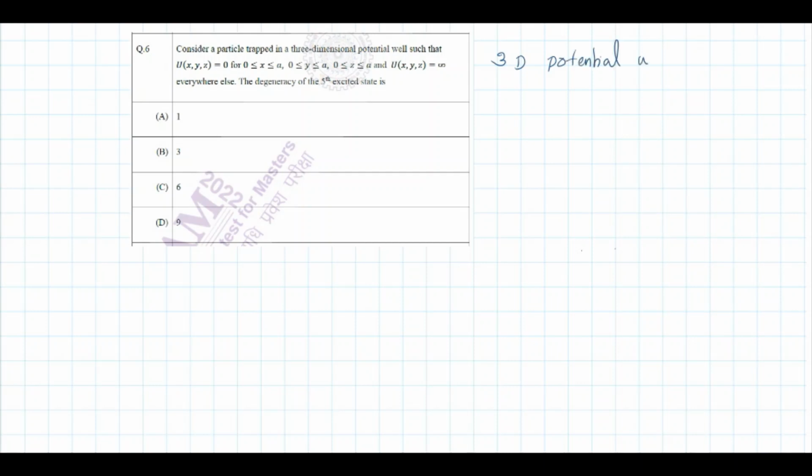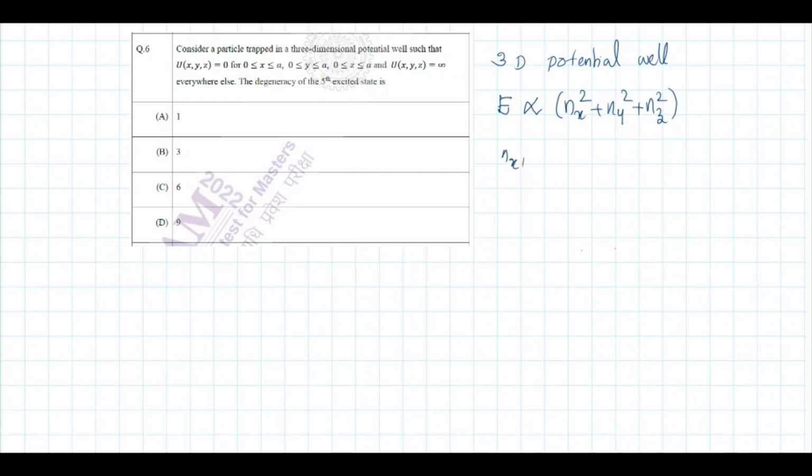Due to the boundary conditions, energy is quantized and it is proportional to nx square plus ny square plus nz square. nx, ny, nz are three quantum numbers obtained due to these boundary conditions along x, y and z directions.